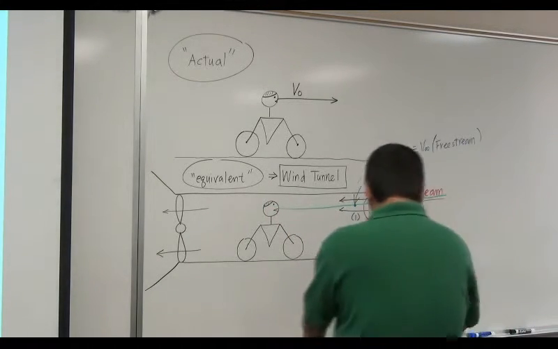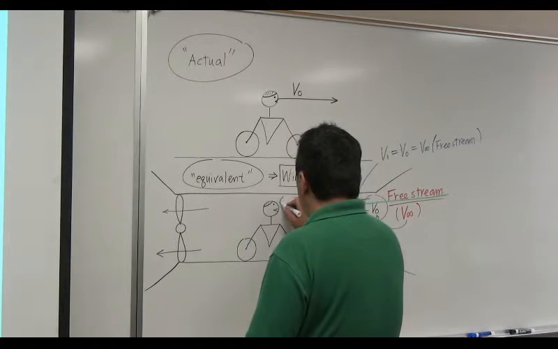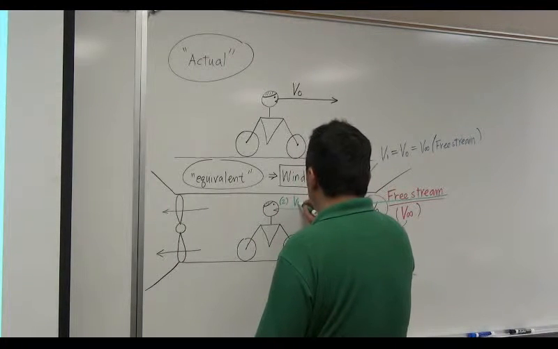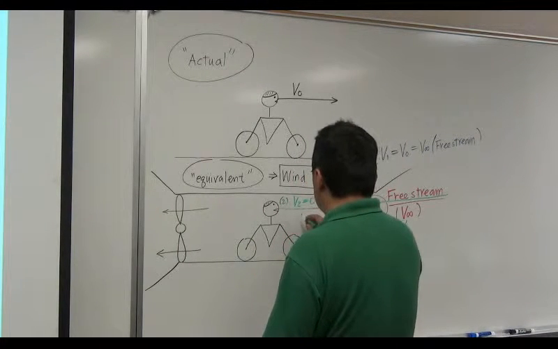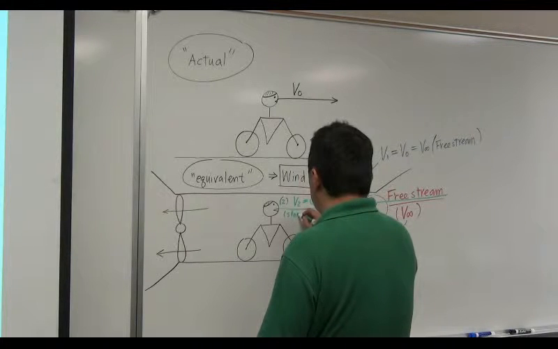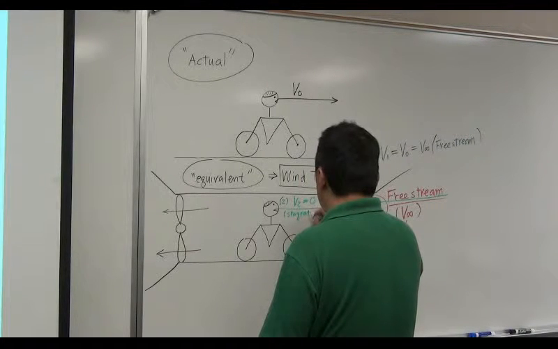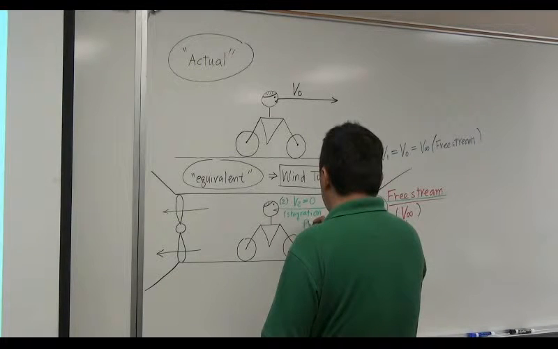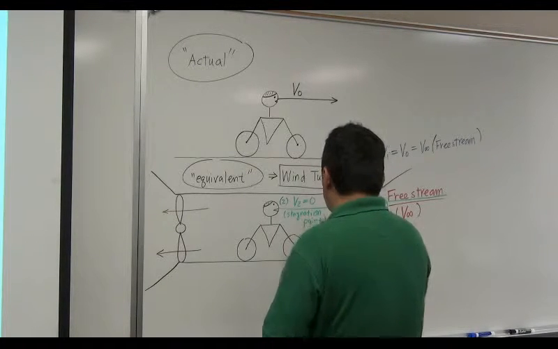Okay. So this is location 2. At location 2, velocity is 0. In other words, this is called the stagnation point. Okay.